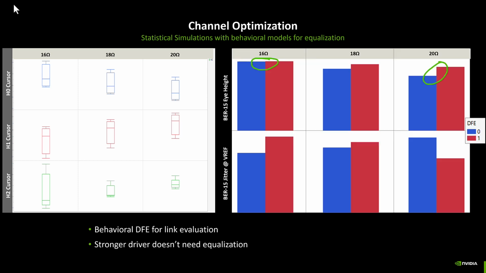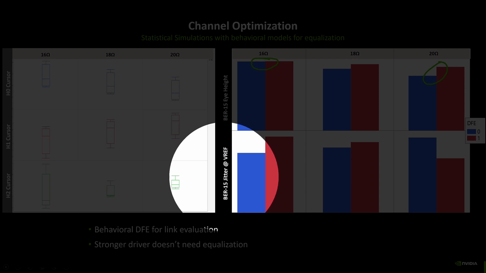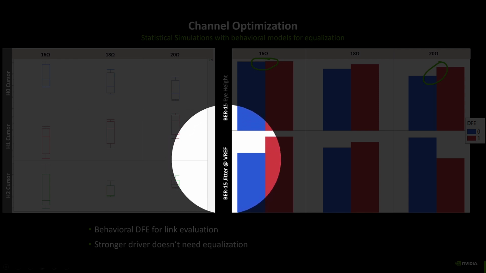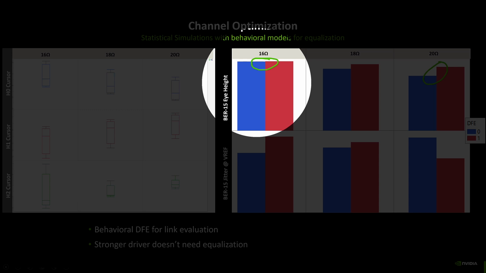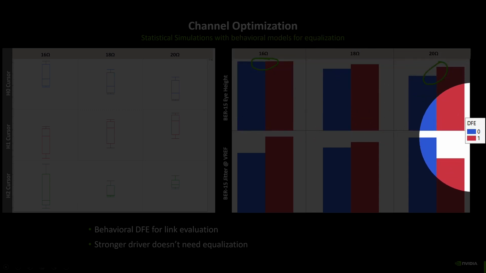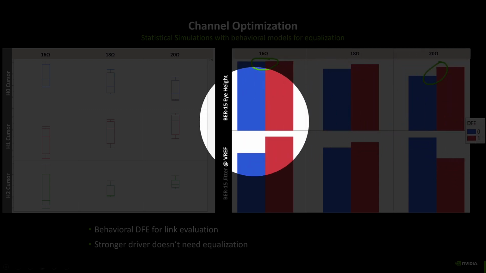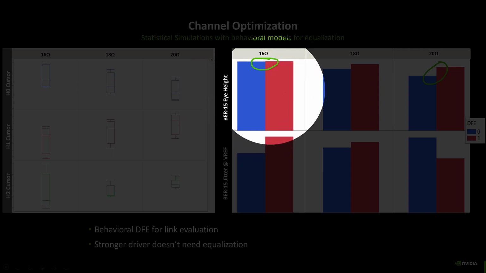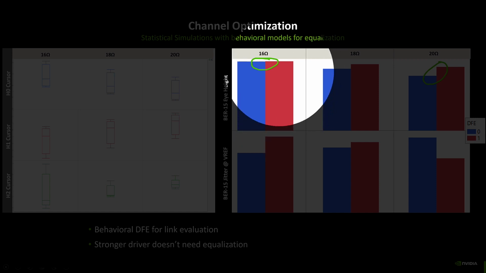The plot I'm showing on the right shows the BER metrics. So I have a BER 1e-15 eye height and a BER 1e-15 jitter measured at VREF. And if I use a 16 ohm driver and either enable or disable DFE, for the blue plots I have DFE of 0, which is not enabled, and when I enable DFE, it is in red.